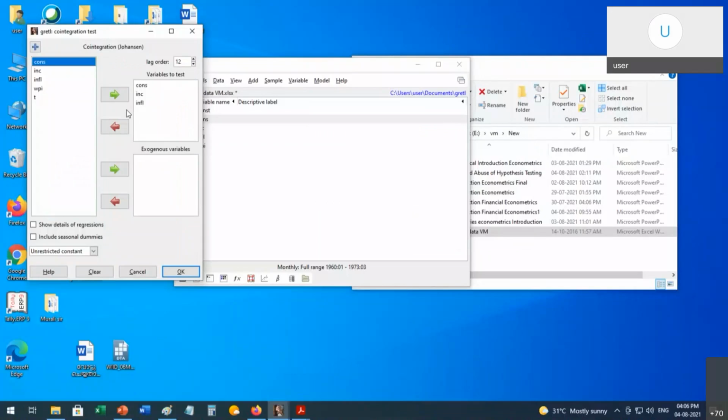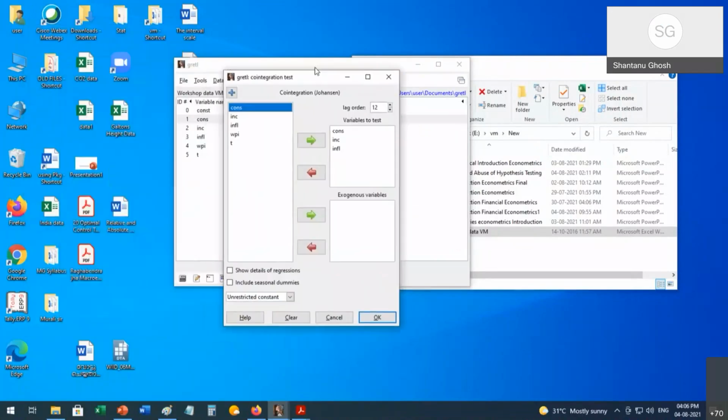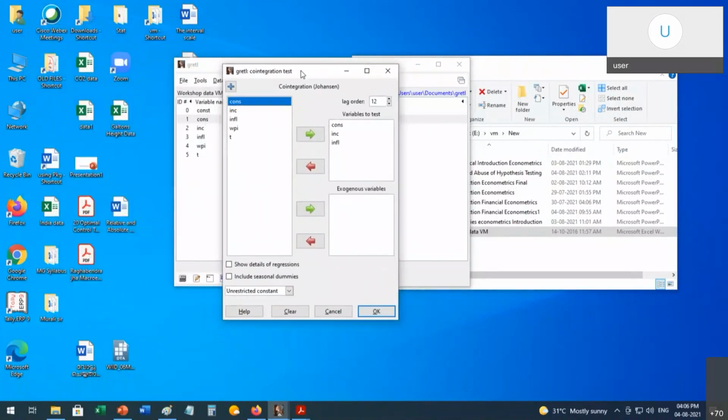It is written that there is evidence for a co-integrating relationship if the unit root hypothesis is not rejected for the individual variables. That means the individual variables should contain a unit root. That is what we started earlier. All variables must be of the same order of integration. Exactly.